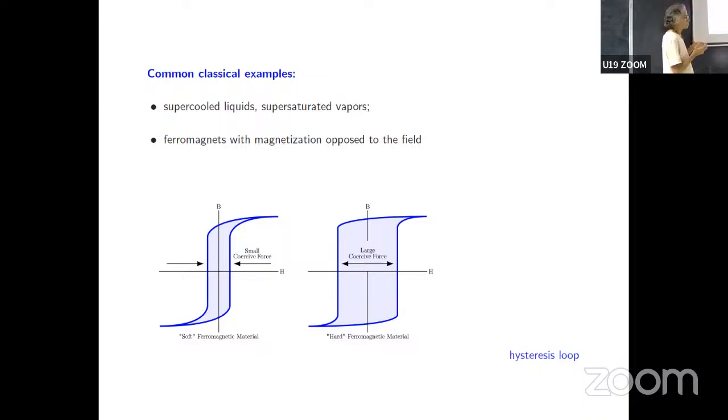You are in a situation, say your magnet is negatively magnetized, so you come with a negative field and it stays negatively magnetized. Then you make this field smaller in modulus, that means closer to zero.